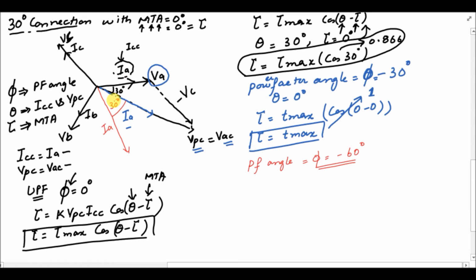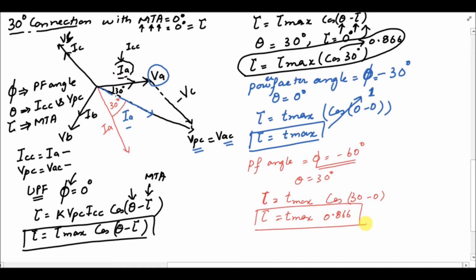Now if theta is equal to 30 degree, torque will be equal to torque max cosine 30 degree minus 0. So this will be 0.866 times the maximum torque, right?